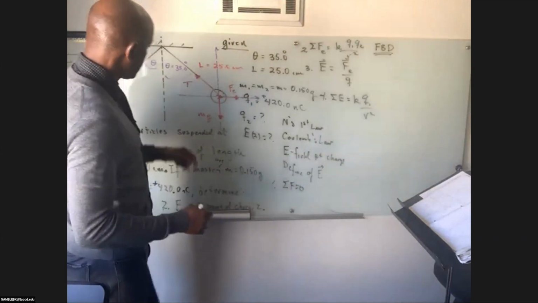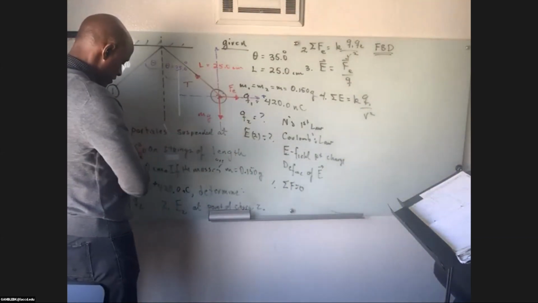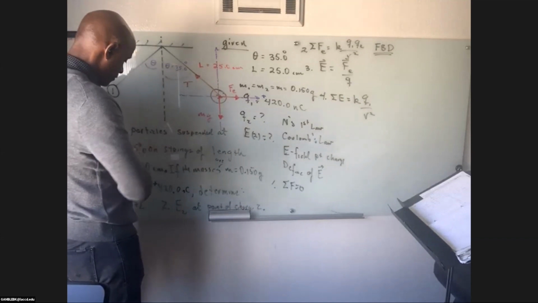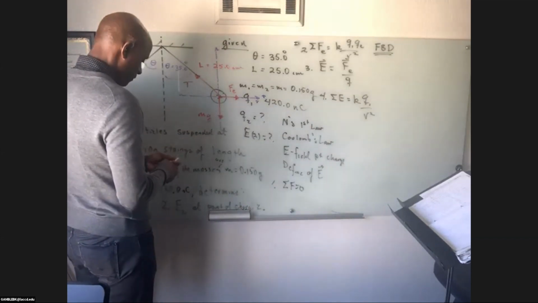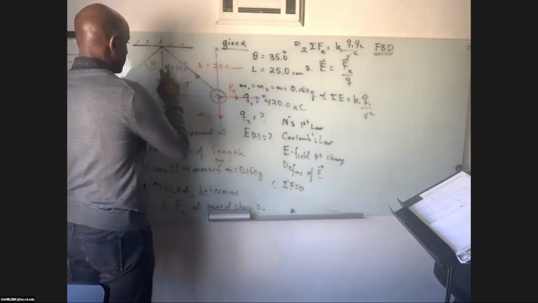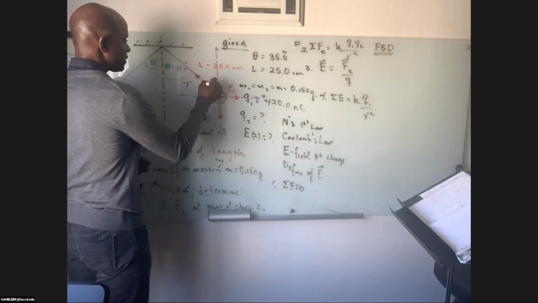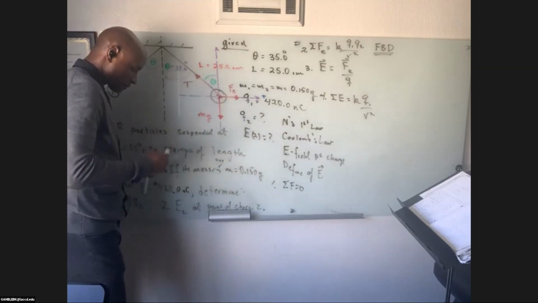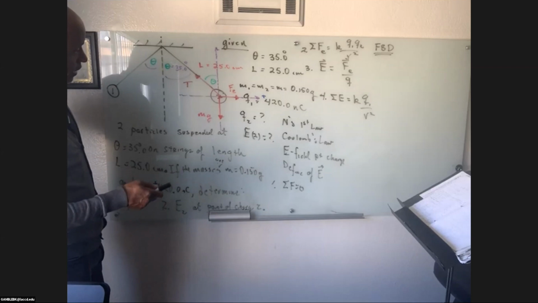So this angle theta is this angle theta here. I'm just going to do it in my head and write it down, and I'll let you go through that. Make it green. So that's theta. You're going to have cosine on the positive y and sine on the negative x.